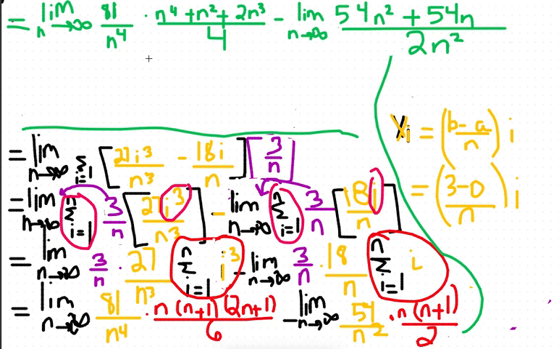Now assuming you've taken calculus 1, computing limits that go to infinity means you need to multiply this 81 over n to the 4 out with each of these, so you'll have 81 over n to the 4 times n to the 4 plus 81 over n to the 4 times n squared plus 81 over n to the 4 times 2n cubed, and also multiply 4 by the n to the 4. So multiply everything out, and then over here multiply everything out. Well, it's already multiplied out on this side actually, but over here you multiply it all out, and once you do that, you split up your fractions.